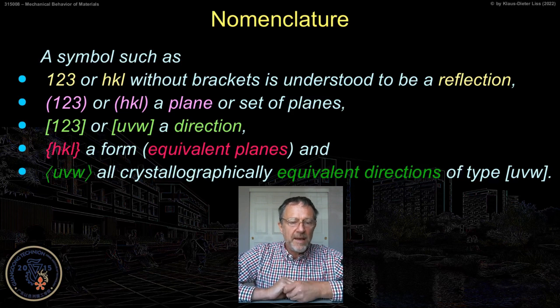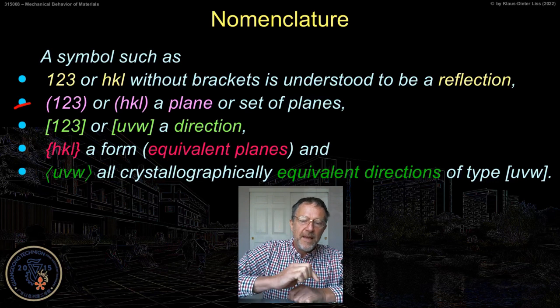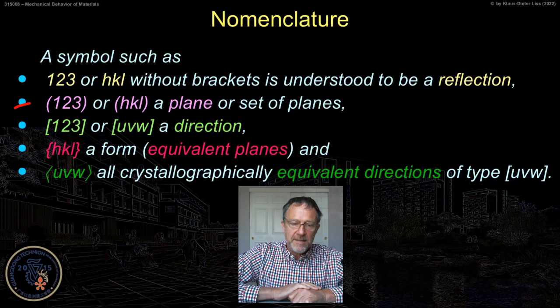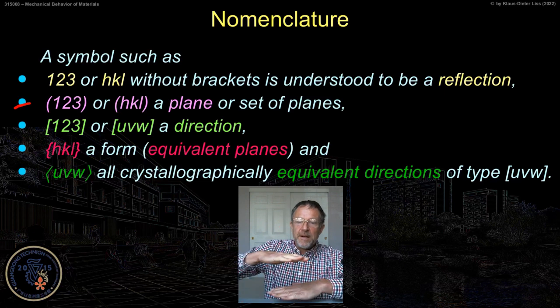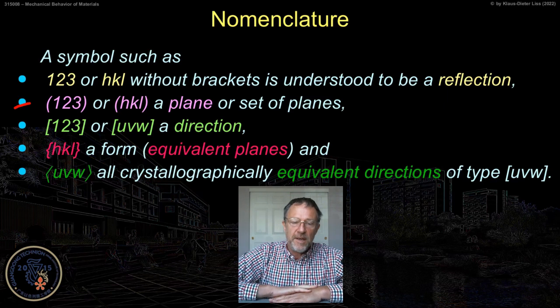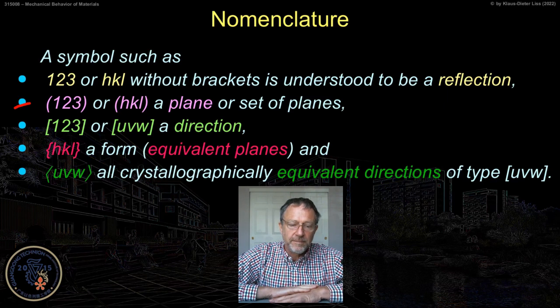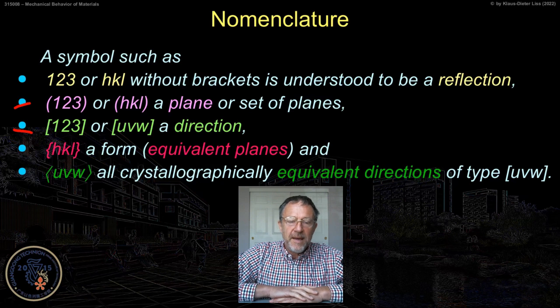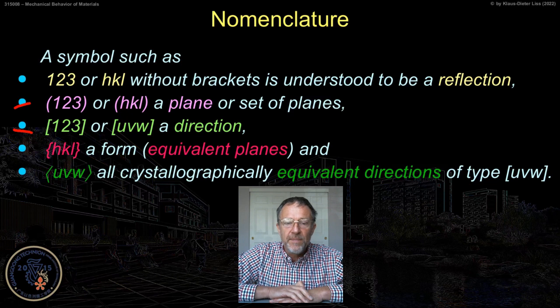Then we have the HKL with the round bracket designating a plane or a set of planes. So these are well-defined planes or a set of planes stacked in one orientation. Or we have the square brackets, they designate a direction in the crystal. So UVW or 1, 2, 3 is a direction in the crystal lattice.